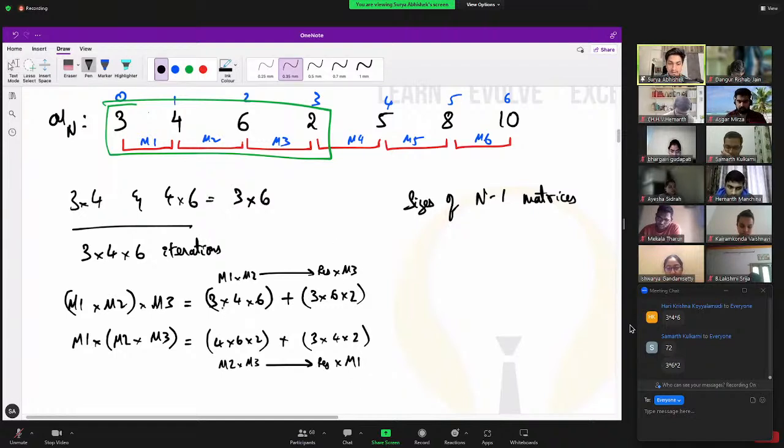So if you can help me calculate, this will be something like 72 plus 36, and this will be something like 48 plus 24. So clearly doing it in the second way will complete the multiplication in lesser number of iterations than doing it in the first way.